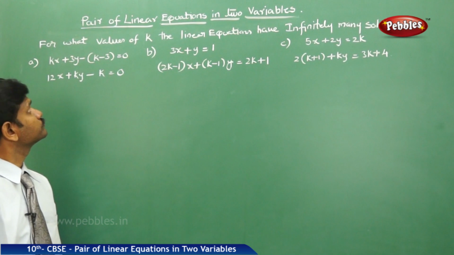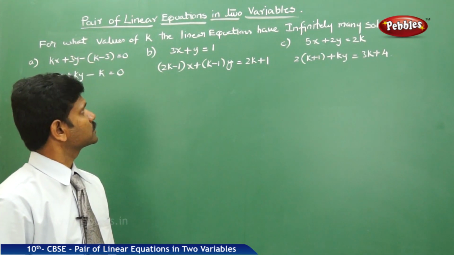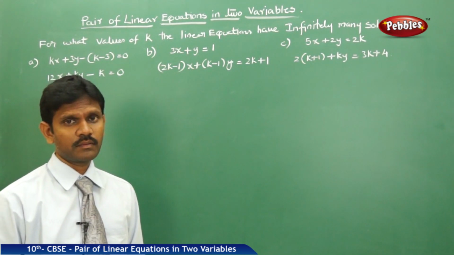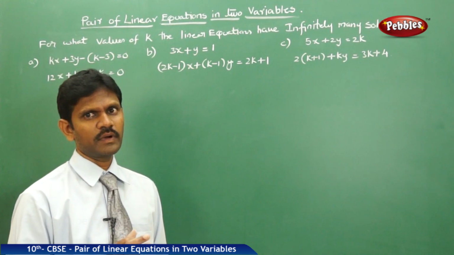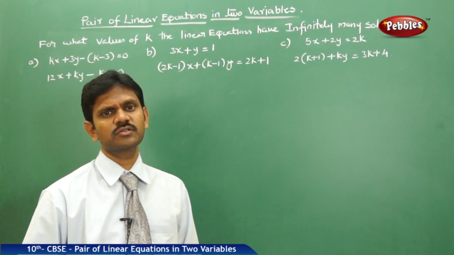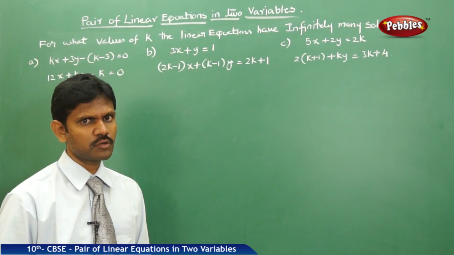Our next problem. For what values of k do the linear equations have infinitely many solutions? First of all, please recall the condition for the linear equations to have infinitely many solutions. That is, a1 by a2 is equal to b1 by b2 is equal to c1 by c2.